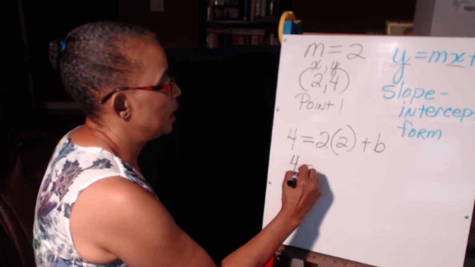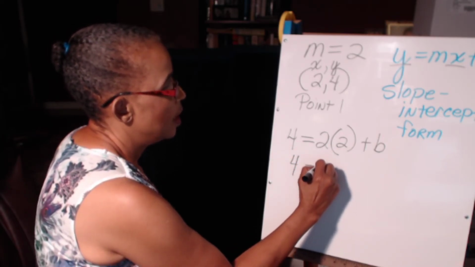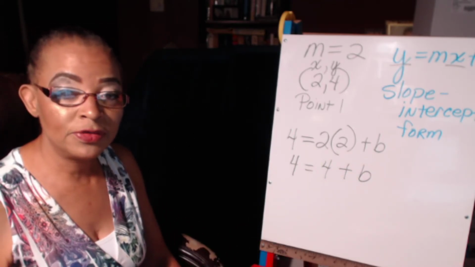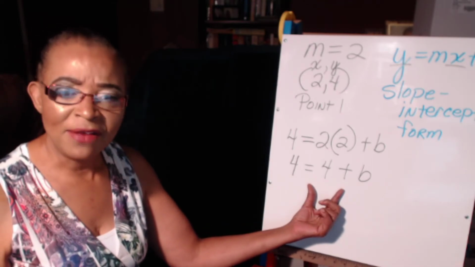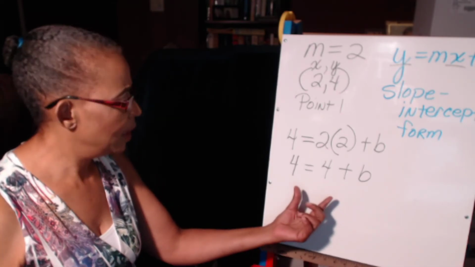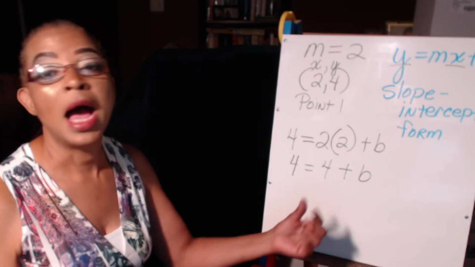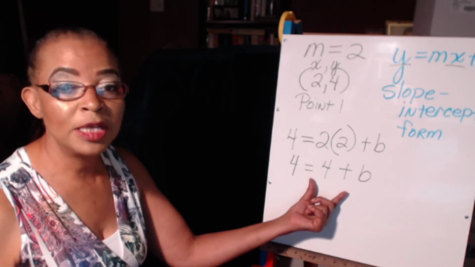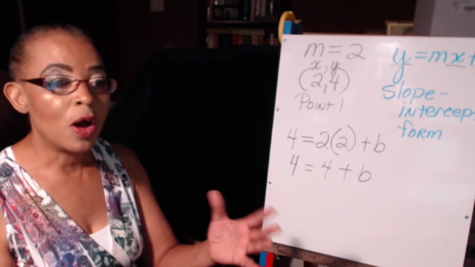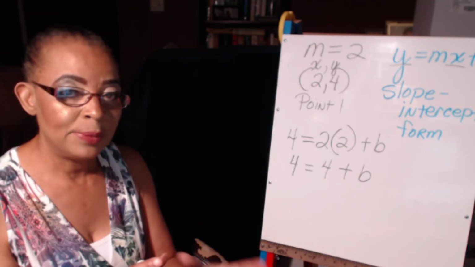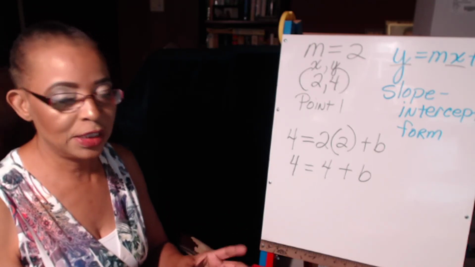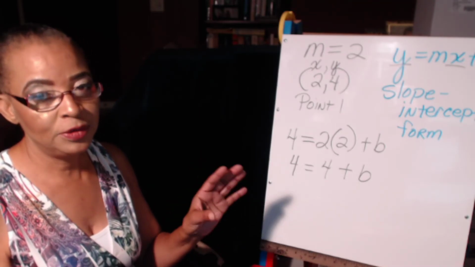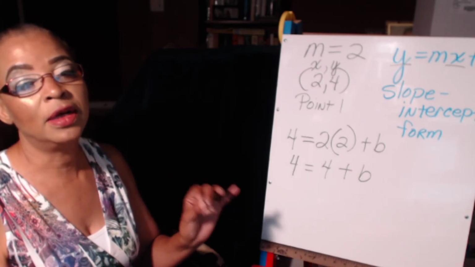So 4 equals 4 plus b. I'm still solving for b, but I have a 4 on the same side. What am I going to do with that 4? I'm going to subtract it because it's positive. So to cancel it, I must subtract it. Well, we all know, and you must implore this with your children, remember, whatever you do to one side of the equation, you must do the same thing to the other side of the equation.